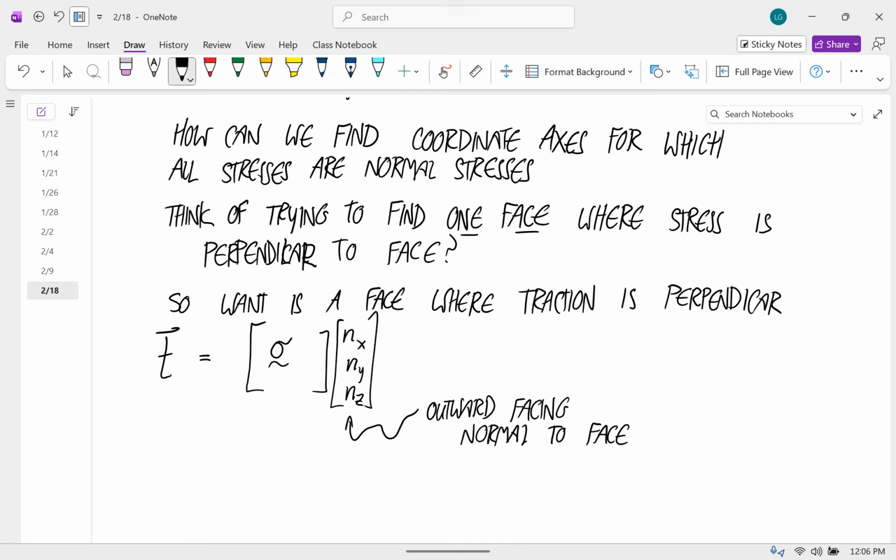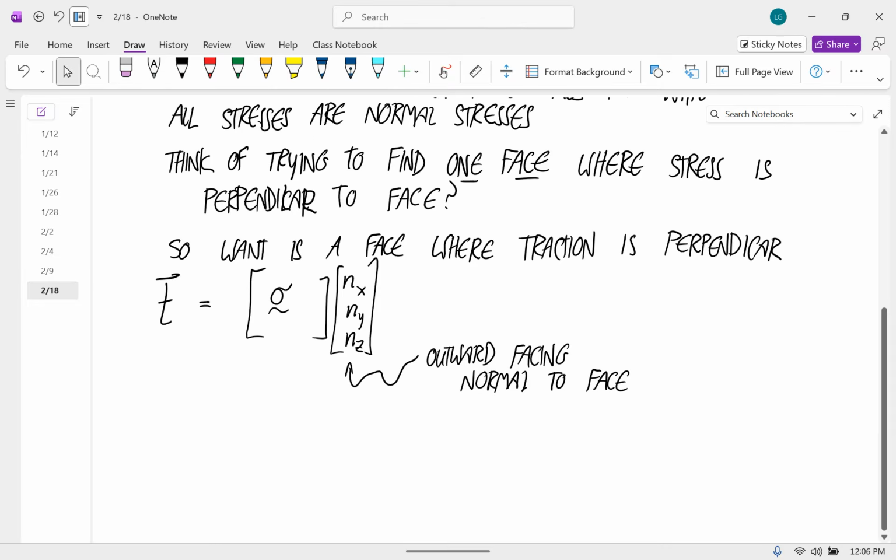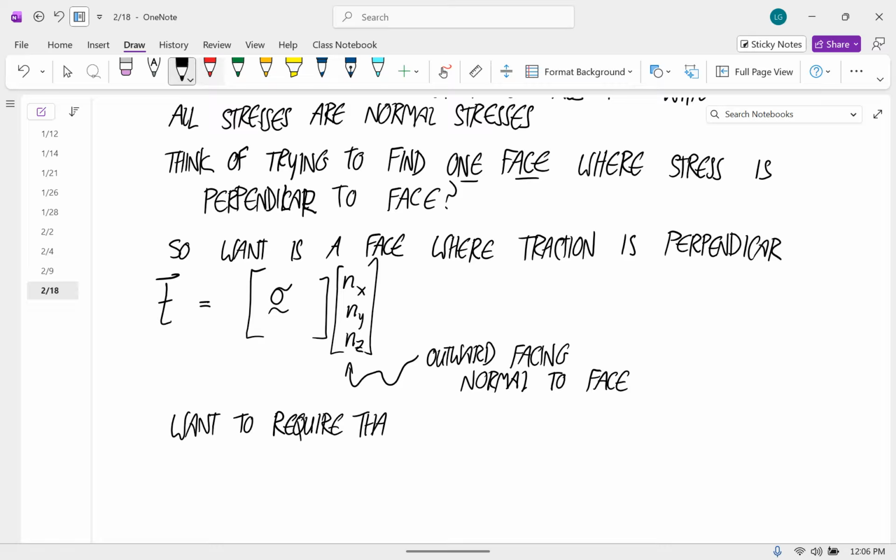Okay. And how are we going to specify that that traction is fully perpendicular to the face? So we want to require that this traction vector is perpendicular to the face.